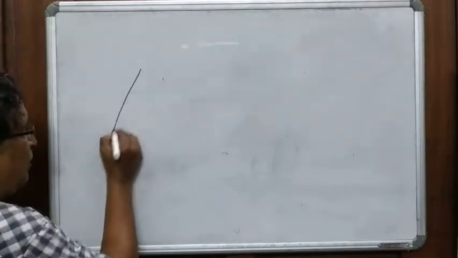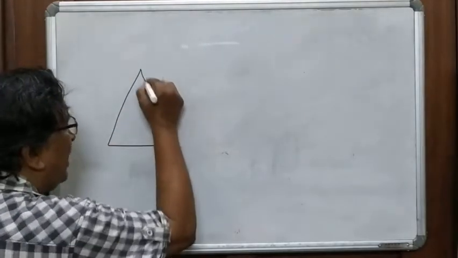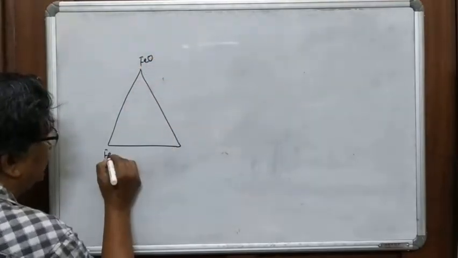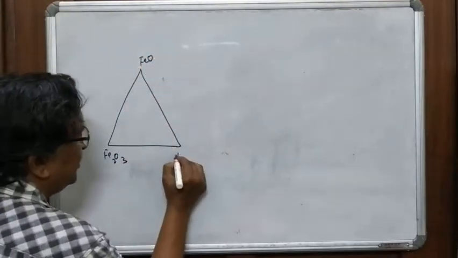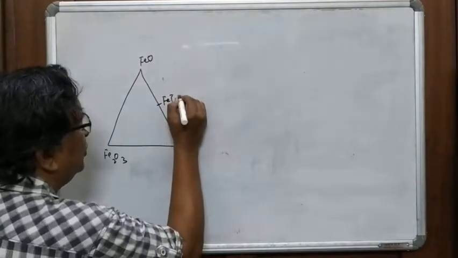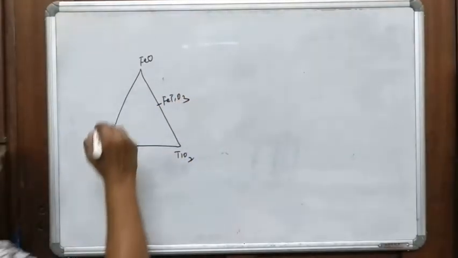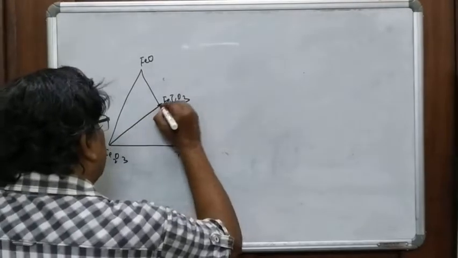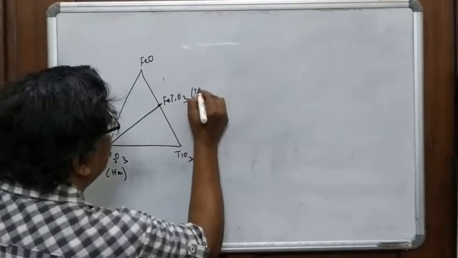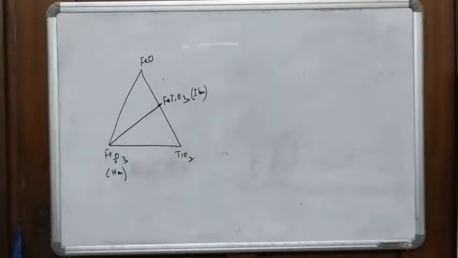So opaque phases normally are FeO, Fe2O3 and TiO2. So this is ilmenite, FeTiO3, which forms a solid solution with hematite. This is hematite and this is ilmenite. This forms a solid solution.